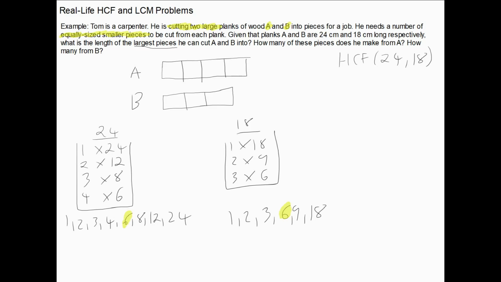And the pieces are all 6 centimeters. So the final answer would be: largest piece is 6 centimeters, and there are 4 pieces from A, because 6 fours are 24, and 3 from B, because 3 times 6 is 18.